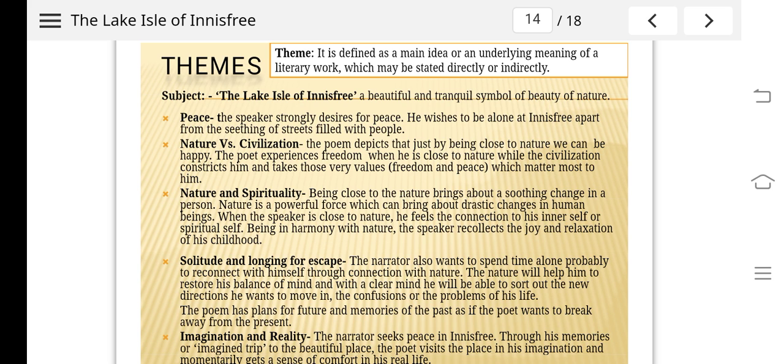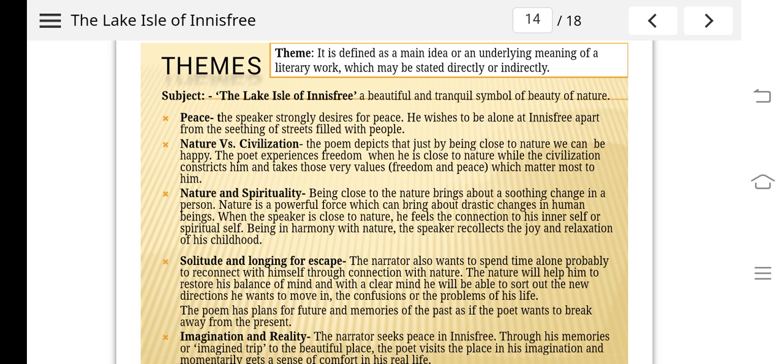Now, the third thing which we can see, nature and spirituality. Why nature? Because the Lake Isle of Innisfree is a part of nature, right? Now, spirituality: being close to nature brings about a soothing change in a person. When you do some yoga or spiritual work, it will soothe the change in your personality.